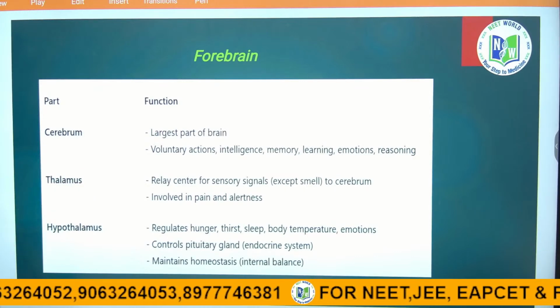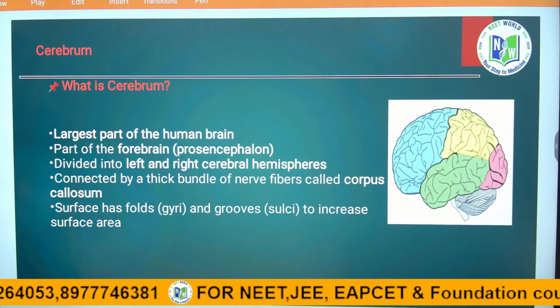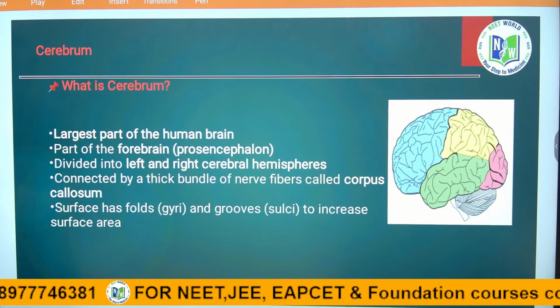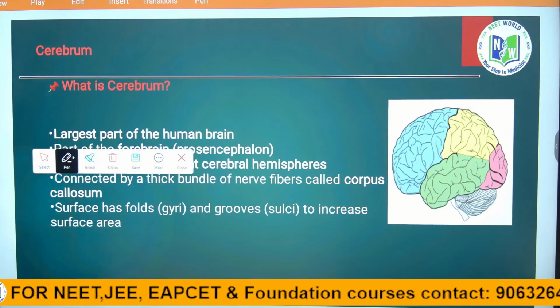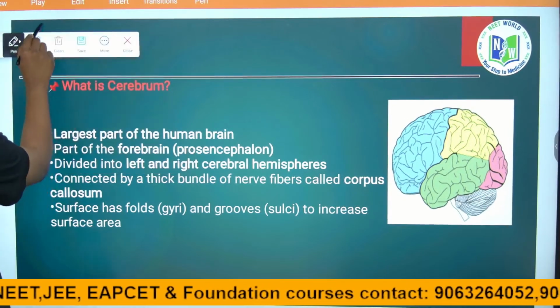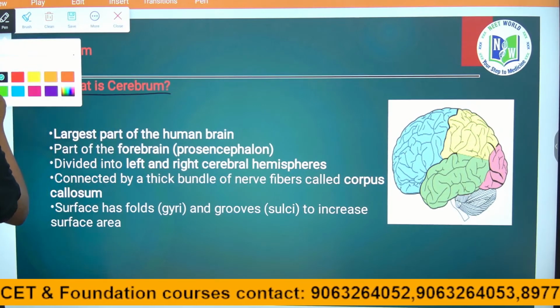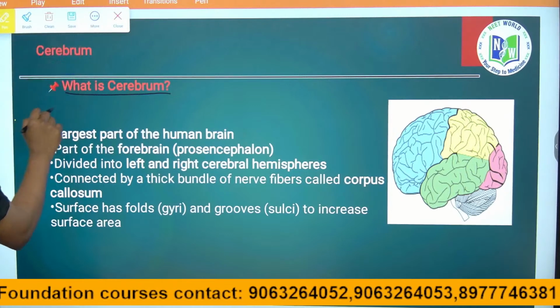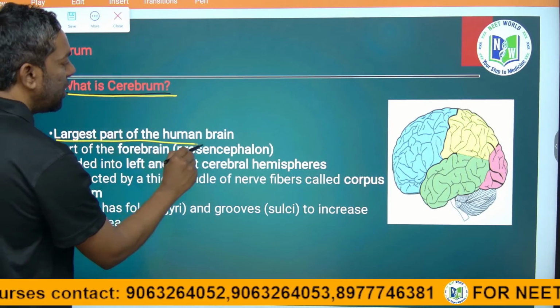Functions, guys. The cerebrum has 3 parts, right? We are going to discuss the cerebrum. The cerebrum is one of the brain parts. It is the largest part of the human brain.